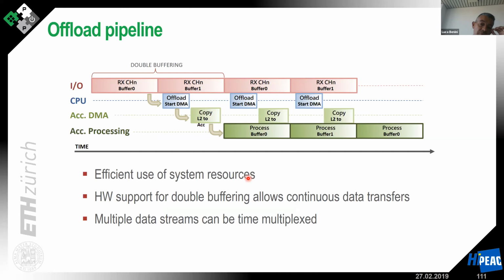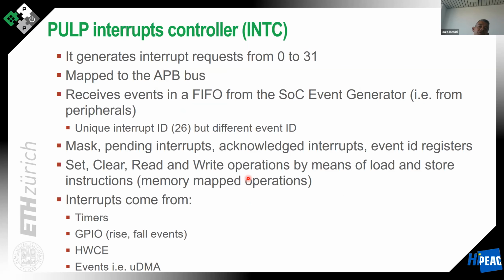So your input-output core stays in sleep for a very long time, while the micro DMA creates frames in memory that can then be processed in larger blocks by the processor or by the cluster, and the power consumption of the micro DMA is much lower than the processor working on it. So we improve the energy efficiency thanks to this.